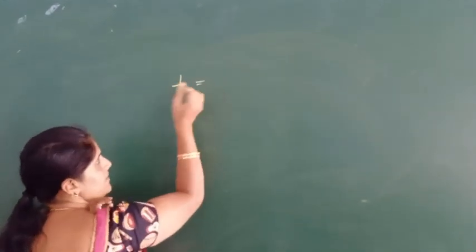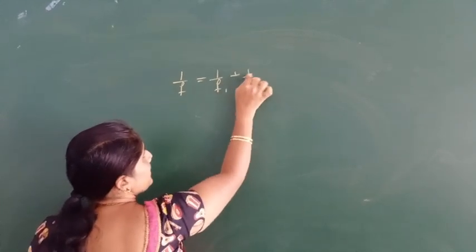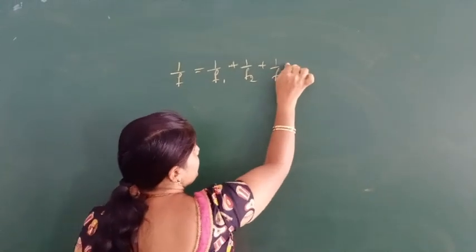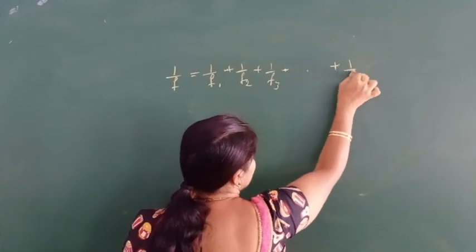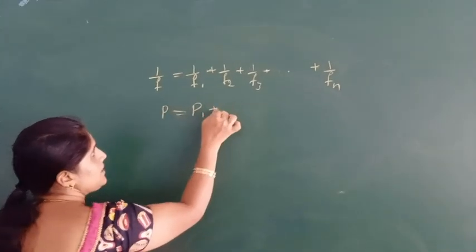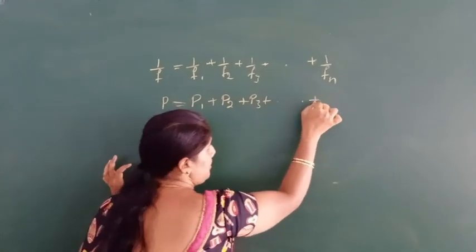So the effective focal length for n number of lenses is given by 1 by F is equal to 1 by F1 plus 1 by F2 plus 1 by F3 etc. up to 1 by Fn. Similarly, effective power is given by P is equal to P1 plus P2 plus P3 etc. up to Pn.